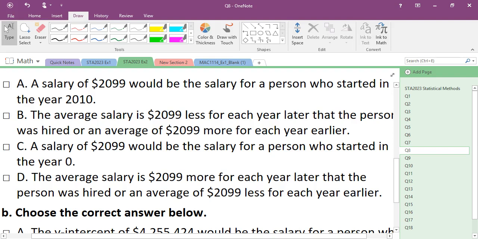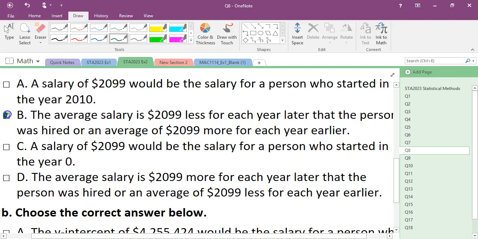C, a salary of $2,099 would be the salary for a person who started at the year 0. Or D, the average salary is $2,099 more each year later that the person was hired, or the average salary of $2,099 is less for each year earlier. Which one? Has to be B.